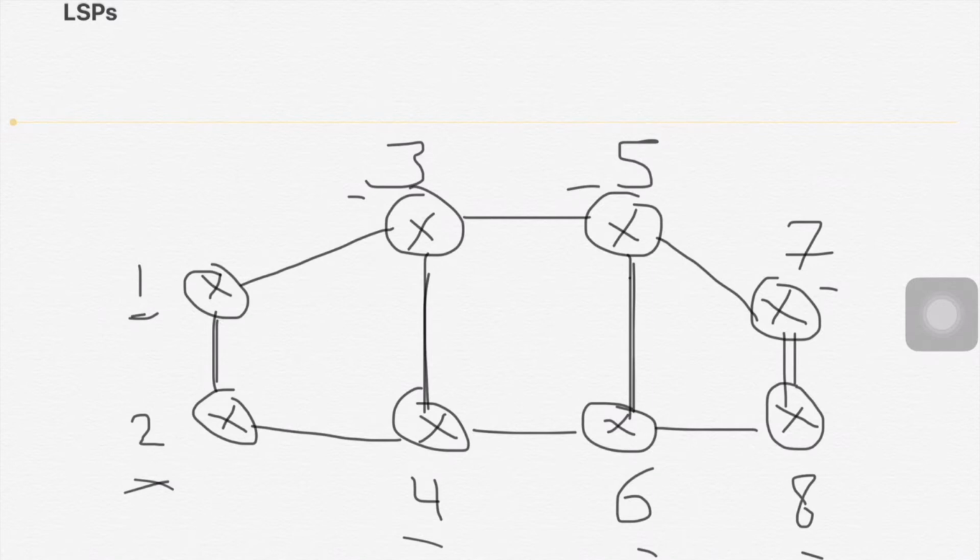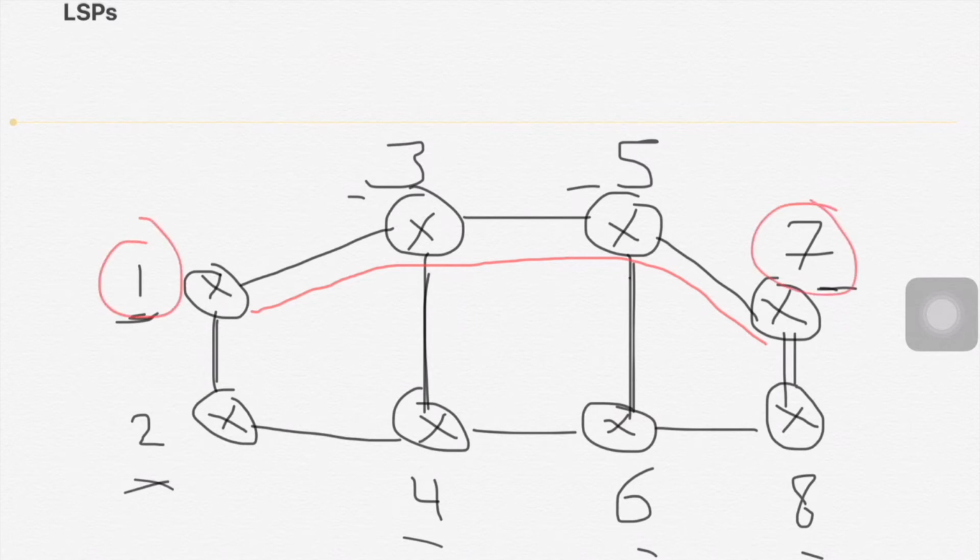The LSP from router 1 to router 7 is a complete path from router 1 to router 3, for example, router 5, and finally router 7. The routing protocol is responsible for selecting the best path from router 1 to router 7.